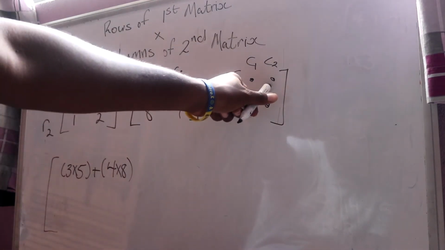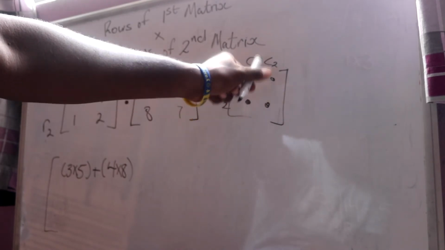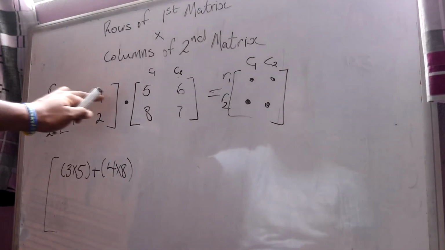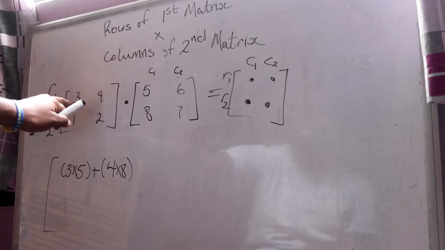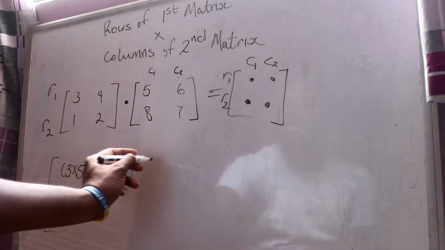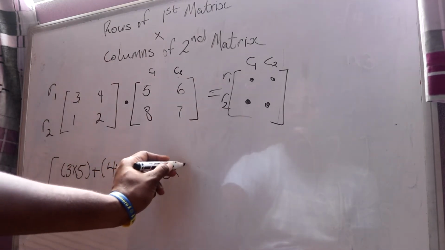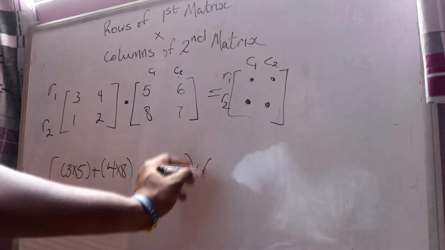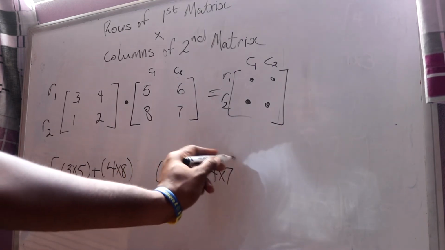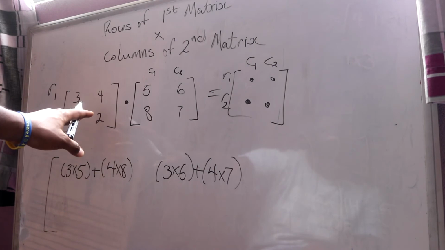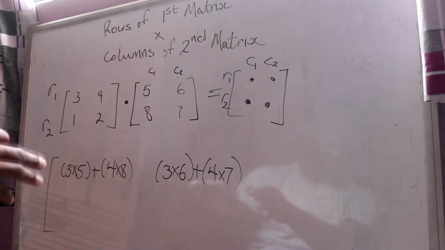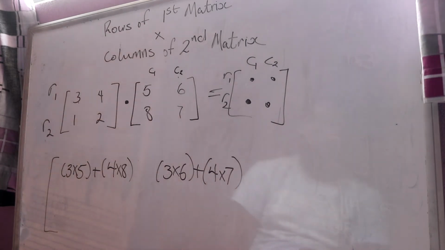The second one, this is in row 1 still, but column 2. So same row, 3, 4, new column, 6, 7. So 3 by 6 plus 4 by 7. And I've chosen to put different numbers in the matrix so you can see where they all come from. Alright?